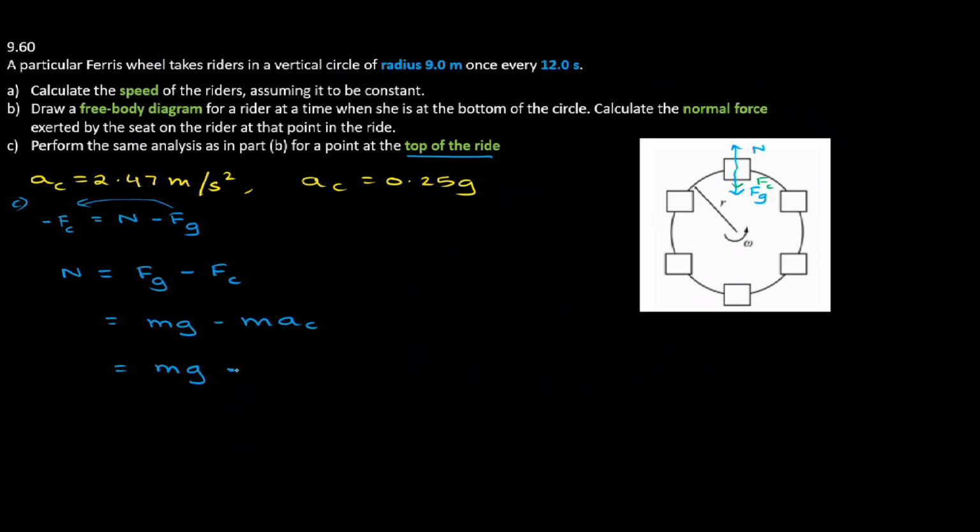Let's substitute that: m times 0.25 times g. mg is common in both terms, so I can take it out. When you take mg out, you're left with 1 minus 0.25. And when you solve this, you get the value of N to be equal to 1 minus 0.25, which is 0.75 m into g.